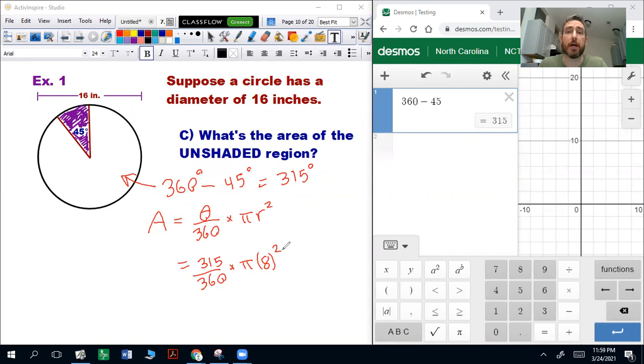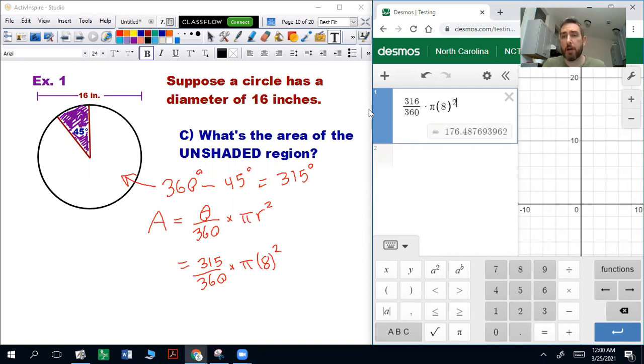See if you can calculate that. And again, you just type pi or hit the pi button. I don't like using 3.14 because I think it rounds a little bit too much.